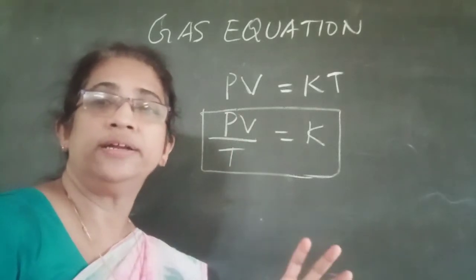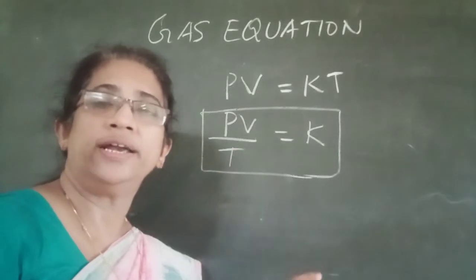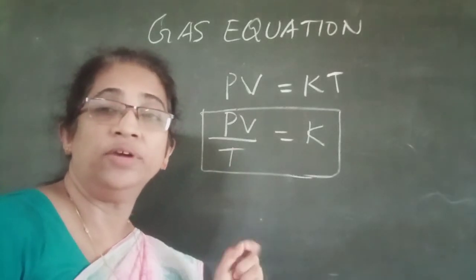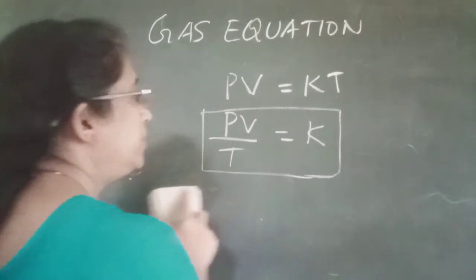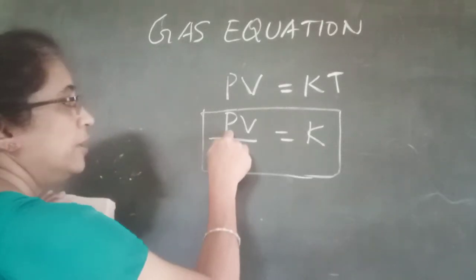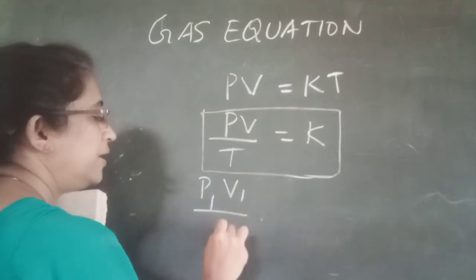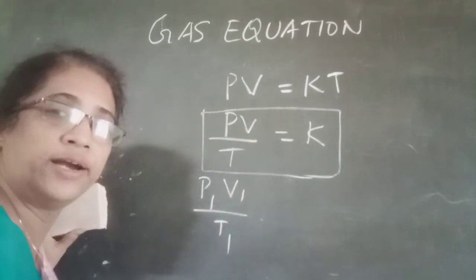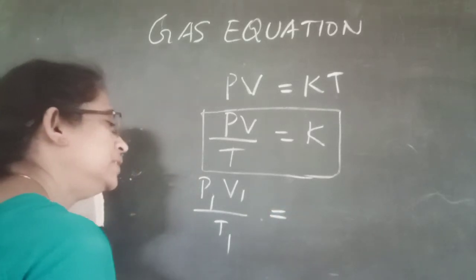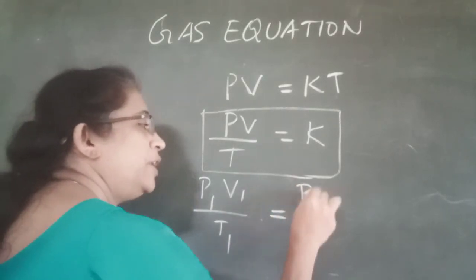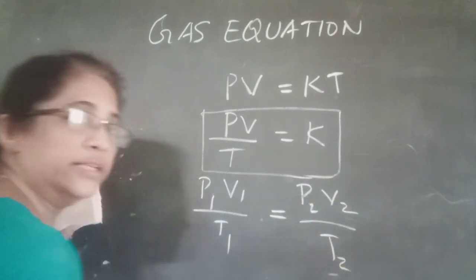So for a definite mass of a gas, let P1 be the initial pressure, V1 the initial volume, and the temperature T1. Then we can rewrite the equation: P1 V1 by T1 is equal to P2 V2 by T2, where the pressure is changed to P2, volume changes to V2 and temperature changes to T2.